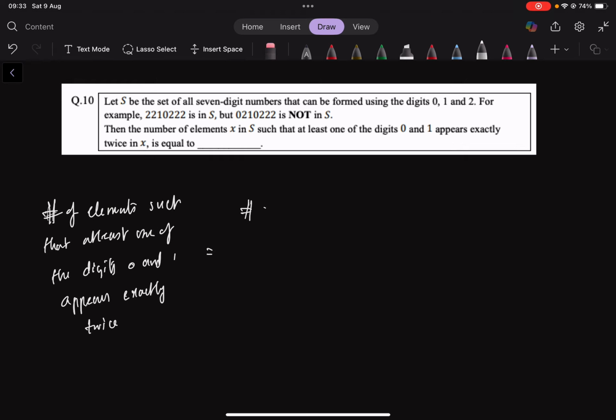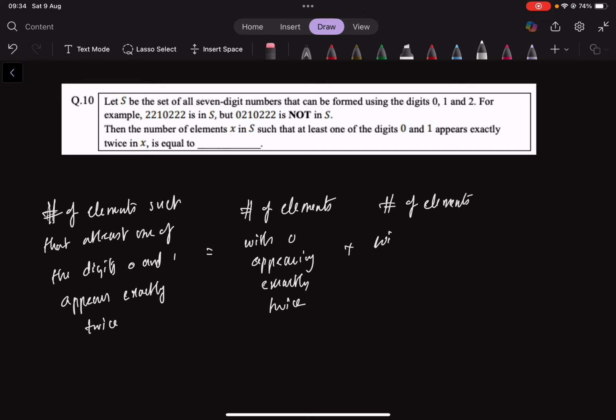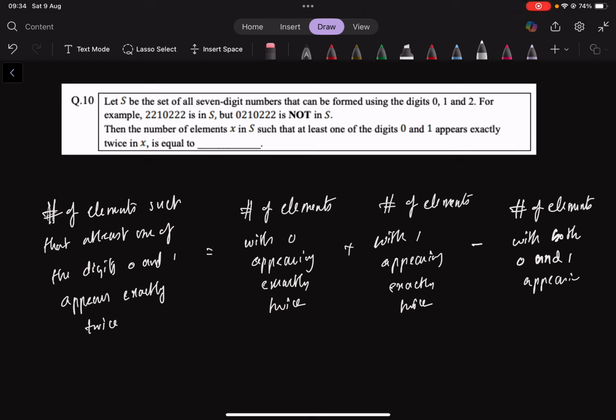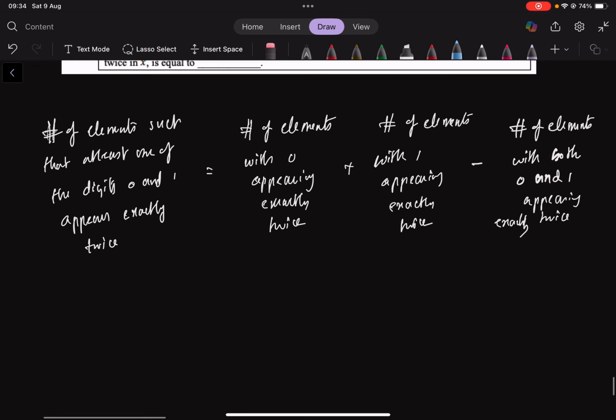So what we can do is first find the number of elements with 0 appearing exactly twice, and add this to the number of elements with 1 appearing exactly twice, and subtract from this the number of elements with both 0 and 1 appearing exactly twice.